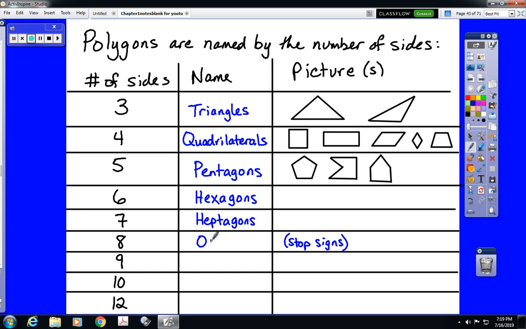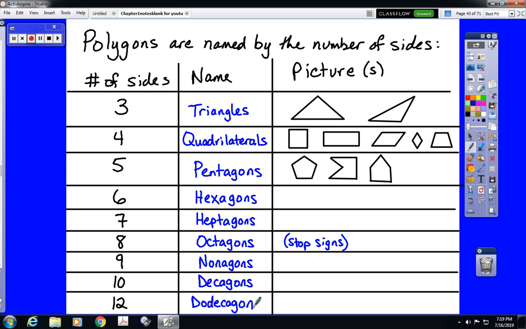Stop signs are octagons. Some of you probably know the word octagon from other places. It's an 8-sided polygon. 9-sided is known as a nonagon. 10-sided are known as decagons. And the only other one that we have an official name for is a 12-sided polygon, which is known as a dodecagon.